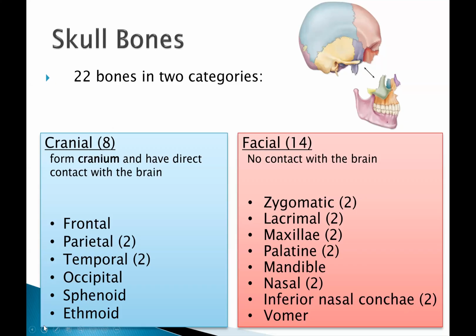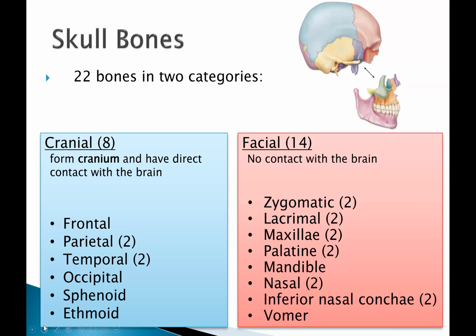So the skull, as I mentioned before, has 22 bones. This is divided into two different categories, cranial and facial. There are 8 cranial bones and 14 facial bones. The difference is that the 8 cranial bones have direct contact with the brain.